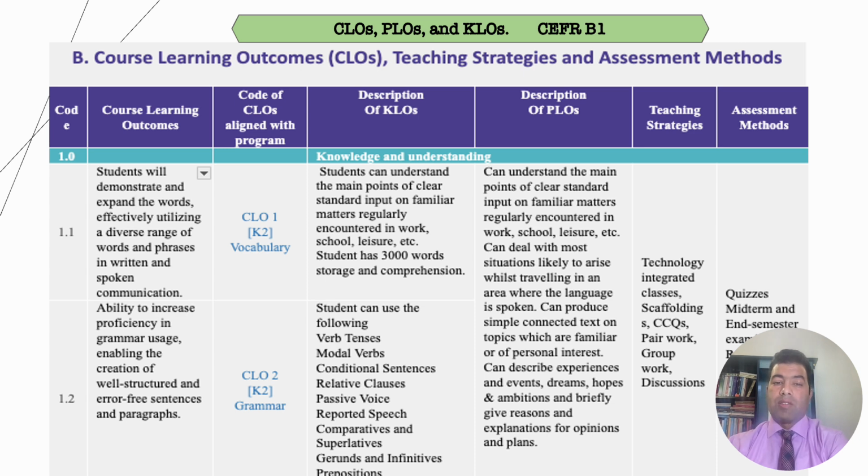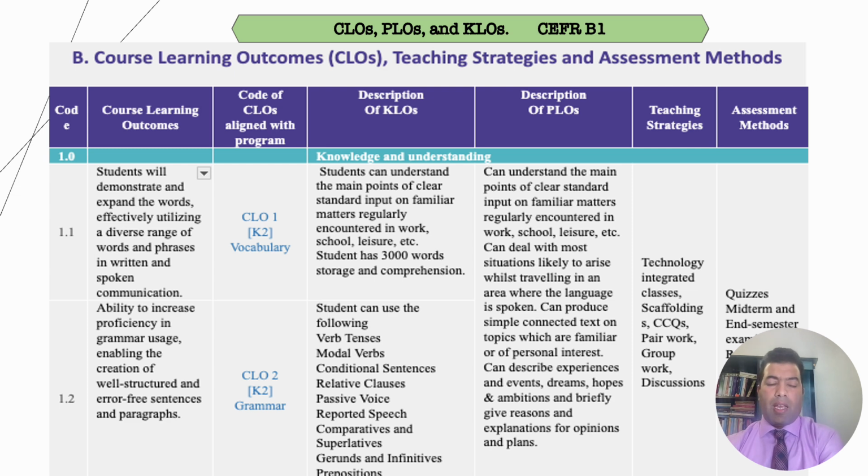Then knowledge: the student should understand the main points of clear standard input on familiar matters regularly encountered in work. So a student at this level should know the basic vocabulary; this is the level of knowledge. Then the program: at the end of the year, when the student is completing the program, he should deal with situations like vocabulary, everyday use, basic use.